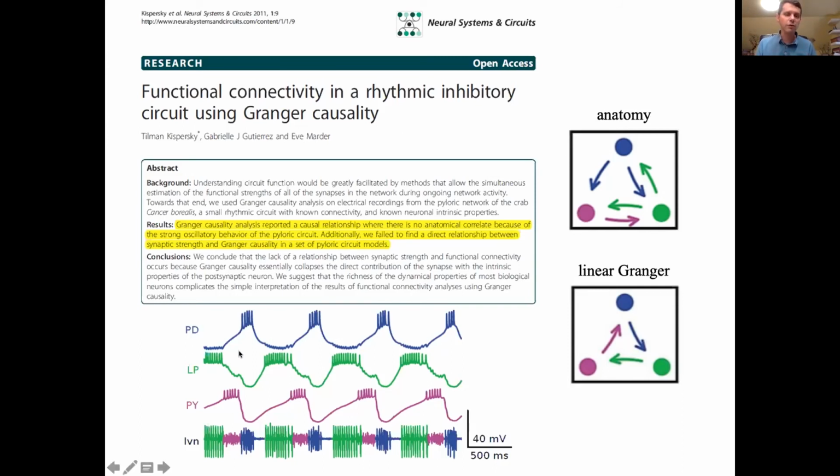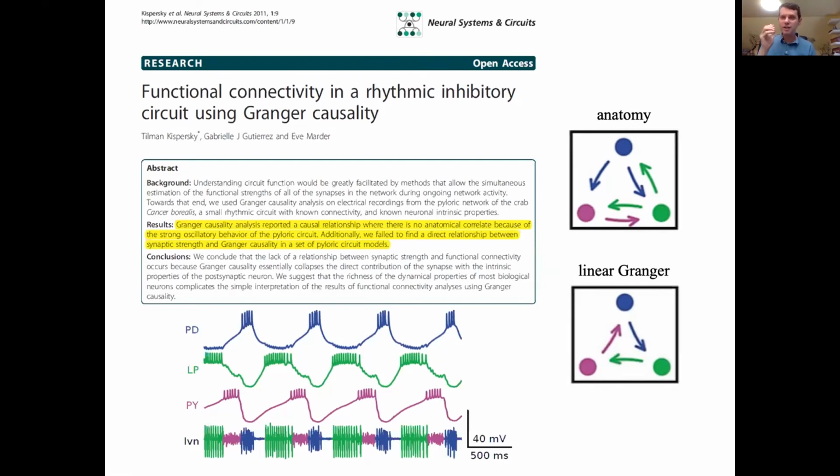So this is 3 neurons, the lateral pyloric, pyloric, and pyloric dilator neuron in the stomatogastric ganglion, which lead to this oscillatory, rhythmic pattern, where the lateral pyloric will fire, then the pyloric dilator, then a period of quiescence, and then it'll repeat. And here we know exactly anatomically how this works.